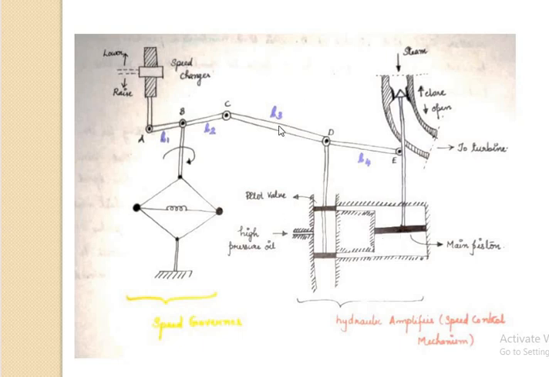We will discuss that later, but for the time being we'll be focusing on this fly ball speed governing system. So in this case I can give you an example. You all might have watched the movie Bahubali. In the movie, they were using one weapon like this, two balls, and they would be rotating that and throwing it at the enemy.